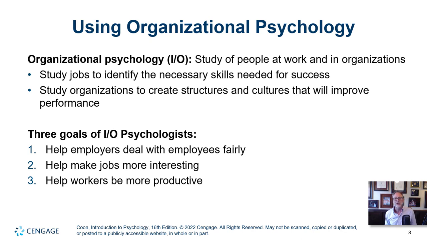And then the second area for IO psychologists is studying organizations to understand how to create the structure of the company culture that will improve performance. That's the organizational part. And culture, we'll talk about here in a moment, but culture is something that companies very rarely, I hate to say this, but it's true, very rarely intentionally create. What they normally do, especially startups, is just allow their culture to happen and hope that they have a great culture.